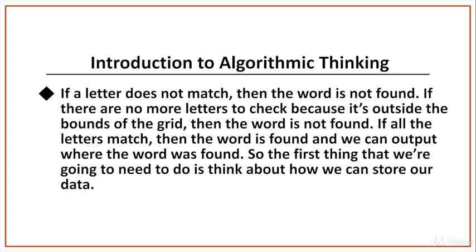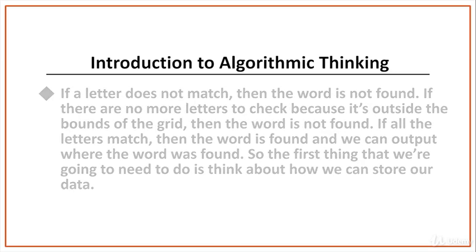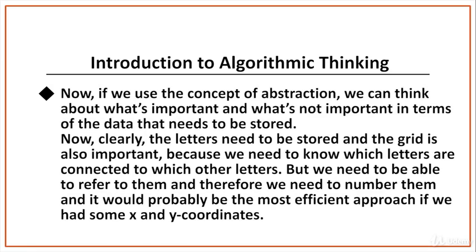So the first thing that we're going to need to do is to think about how we can store our data. Now, if we use the concept of abstraction, we can think about what's important and what's not important in terms of the data that needs to be stored. Clearly the letters need to be stored and the grid is also important, because we know which letters are connected to which other letters, but we need to be able to refer to them, and therefore we need to number them.